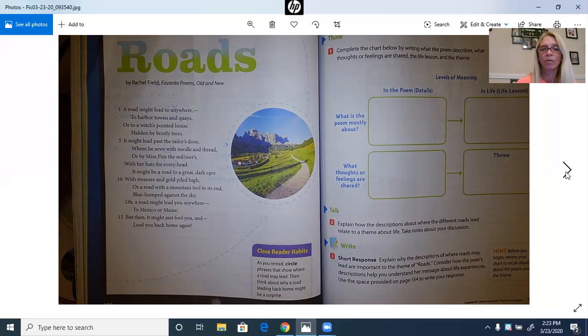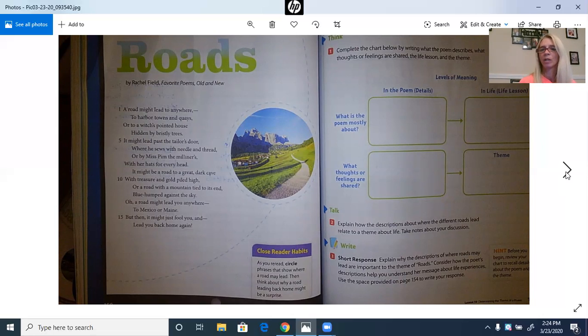It might be a road to a great dark cave, with treasure and gold piled high, or a road with a mountain tied to its end, blue humped against the sky. Oh, a road might lead you anywhere, to Mexico or Maine, but then it might just fool you and lead you back home again.